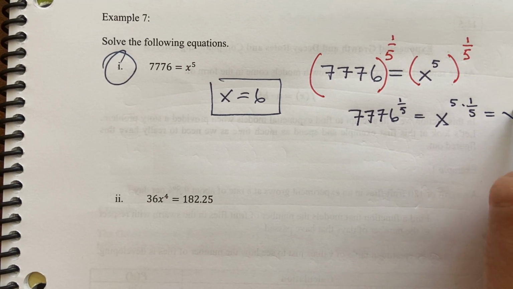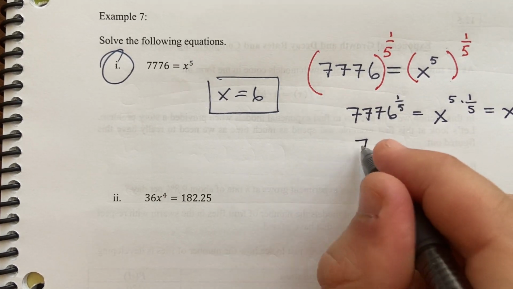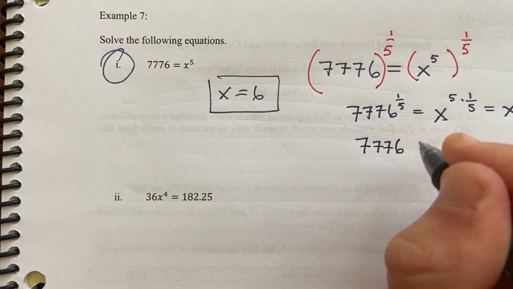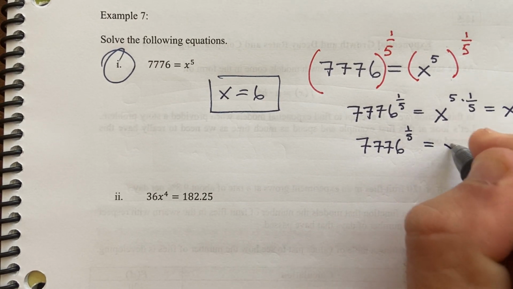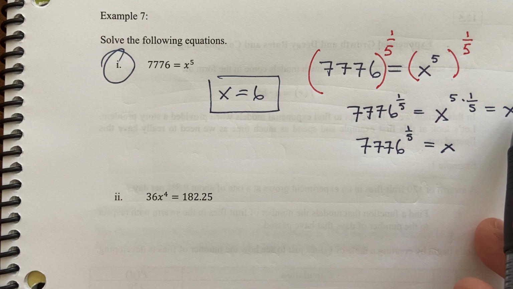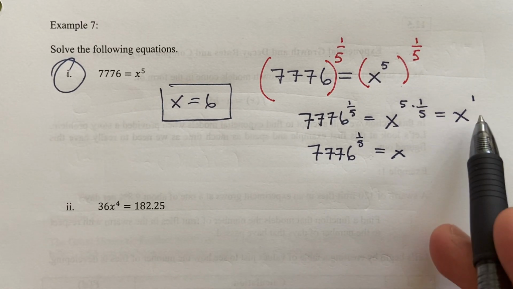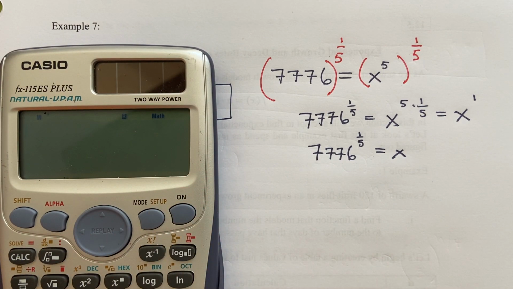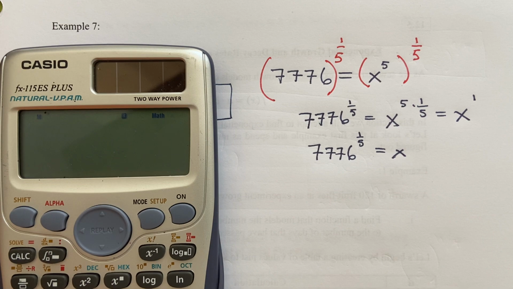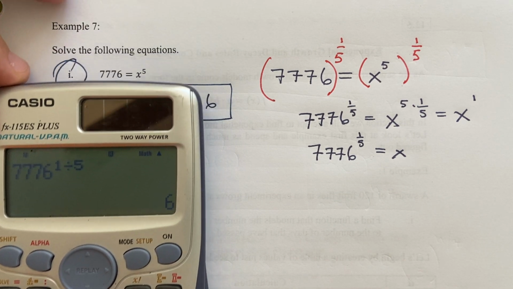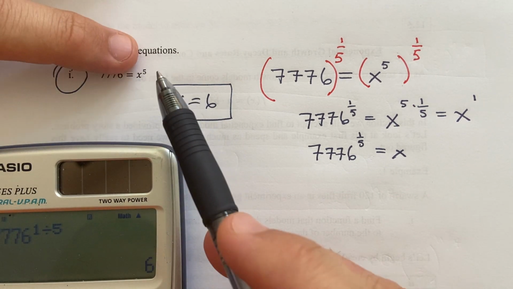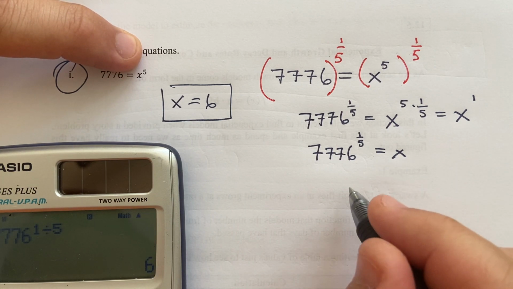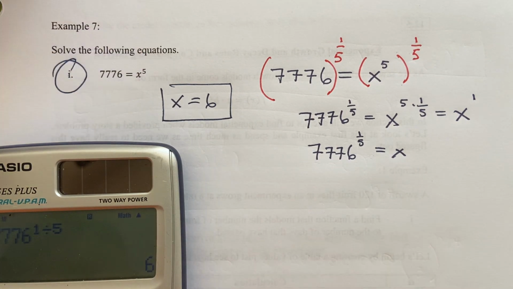This would equal x to the 1st. In other words, 7,776 to the 1/5 would equal x, right? When you have a power of 1, you have solved. So if I were to type that in, raised to the 1/5, then I would get my 6, and that would tell me that x needs to be 6. So I guess I already wrote that down here.